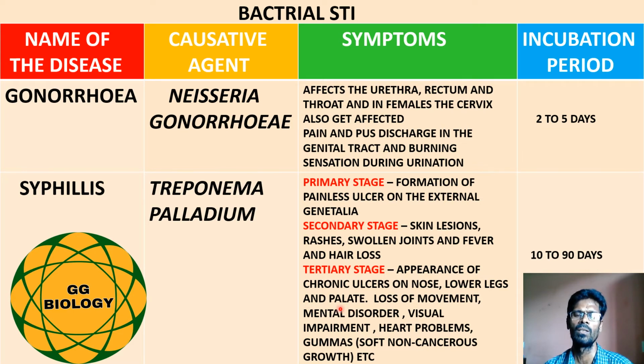The palate is nothing but the roof of the mouth. Even the sight gets affected. Certain heart problems as well as gummas are the tertiary stages of syphilis. And the incubation period is 10 to 90 days.